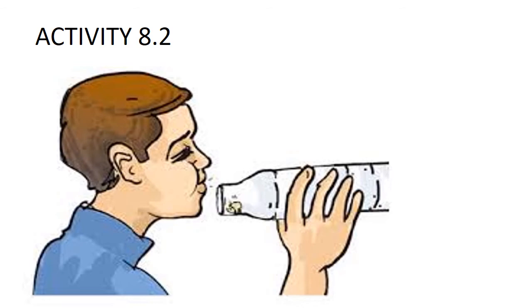What you need to do is, you have to crumple a small piece of paper into a ball of smaller size than the mouth of the empty bottle. Then you have to hold the empty bottle on its side and place the paper ball just inside the mouth of the bottle. Can you see the paper in the picture? Yes, of course, near the mouth of the bottle you can see it.